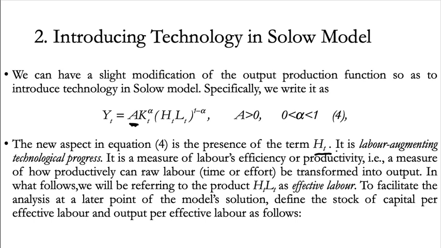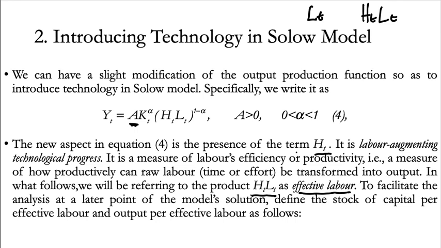So basically it's a measure of labor's efficiency or productivity, because we want to measure how productive labor is in terms of raw labor, in terms of time and effort, being transformed into output itself. So H_t L_t here is actually effective labor. What we have had all this while is just labor, but once we have H_t L_t, it's called effective labor.